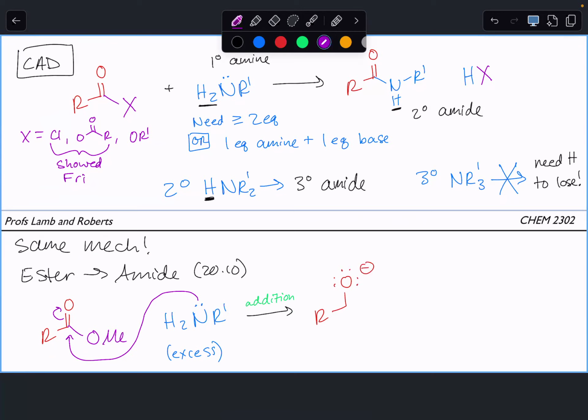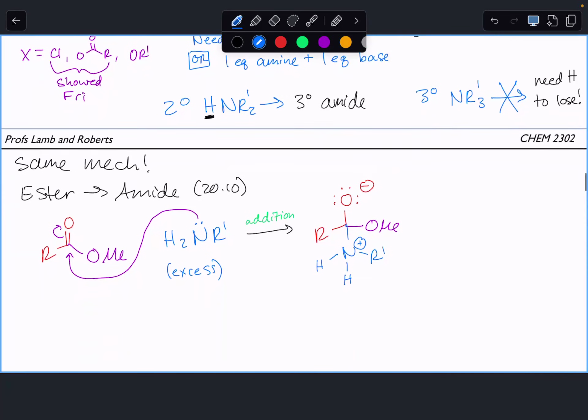We should have our X group still attached. We should have our nucleophile attached. We do not want our incoming nucleophile to be positively charged, so we need to lose that proton. So this is where our extra equivalent of our amine comes in, or our base, doesn't matter. We need to quench that positive charge like so.